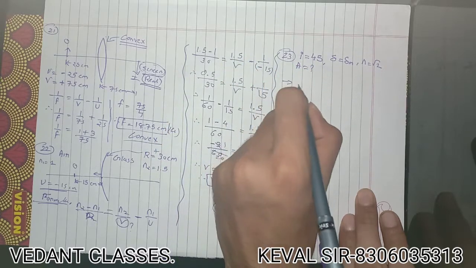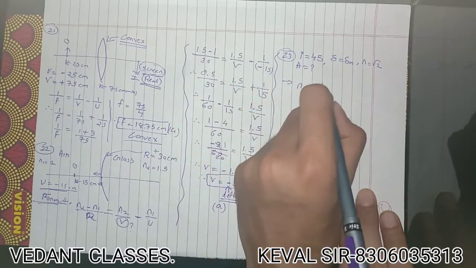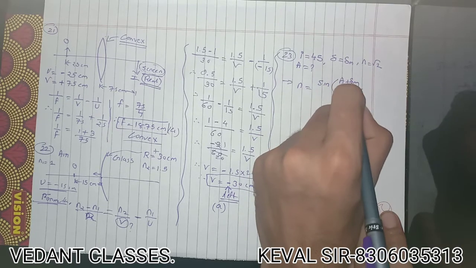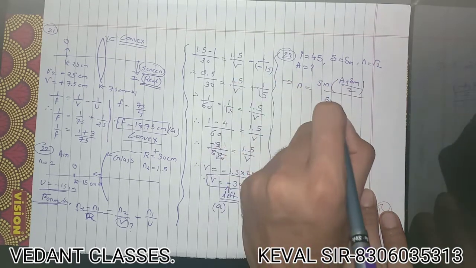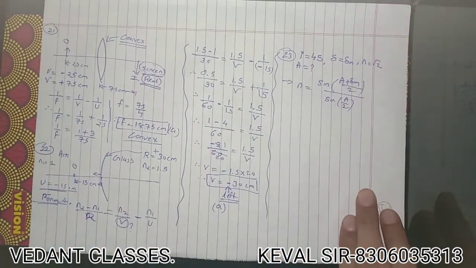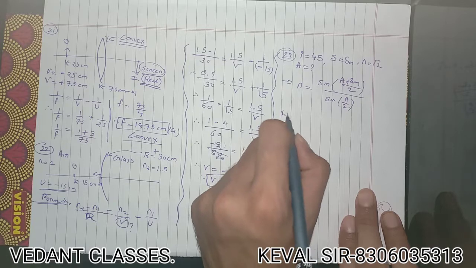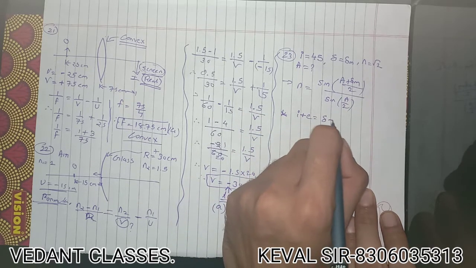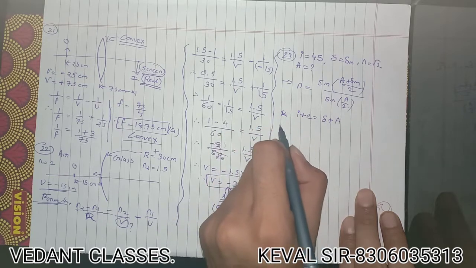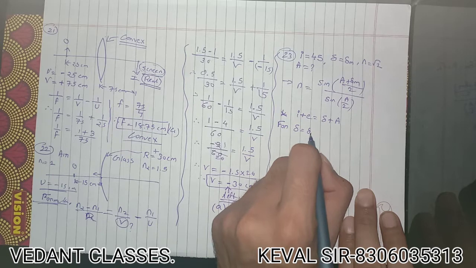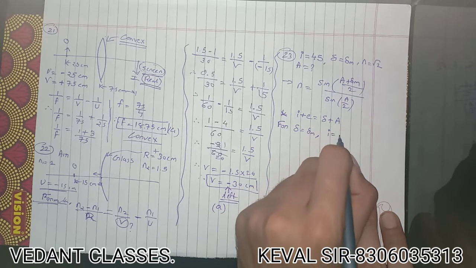So we are having the equation for n, that is equal to sine((A plus delta m) by 2) upon sine(A by 2). This is for the minimum angle of deviation. Now see, we are having i plus e is equal to delta plus A. Now for delta equal to delta m, we are having i equal to e.